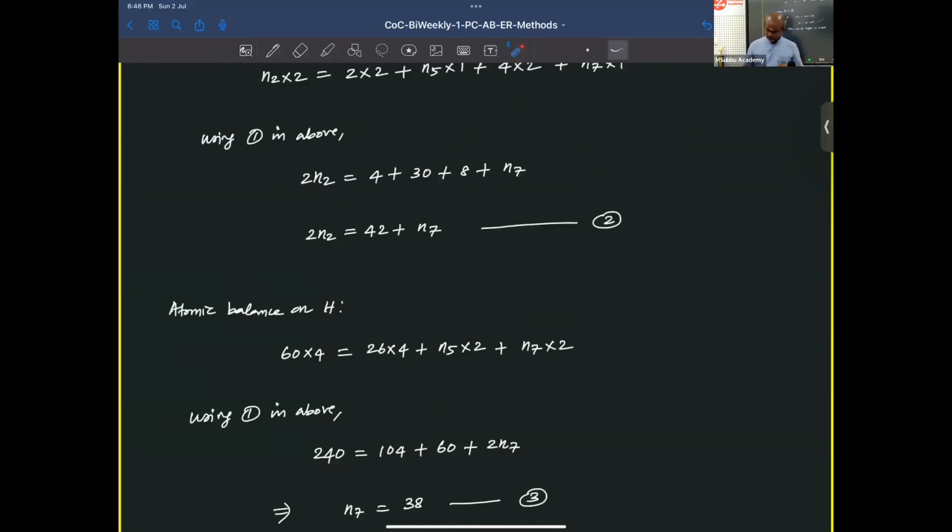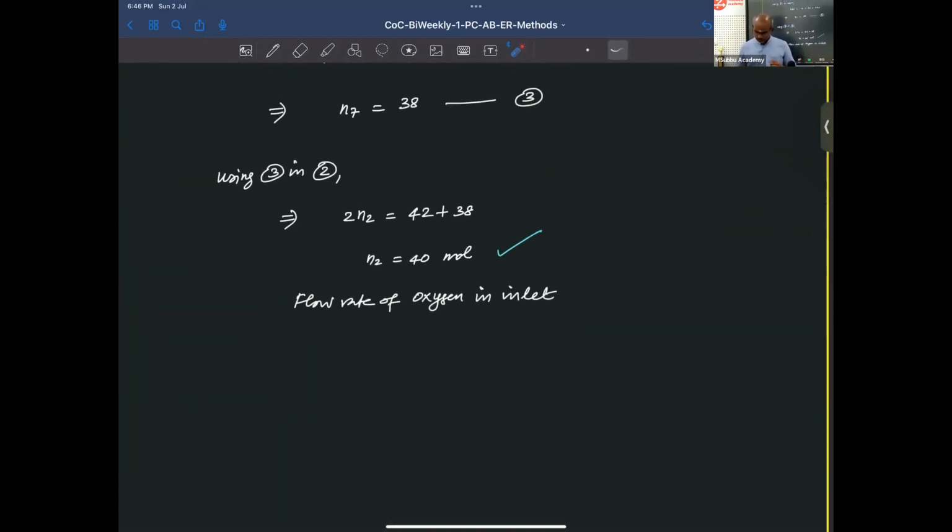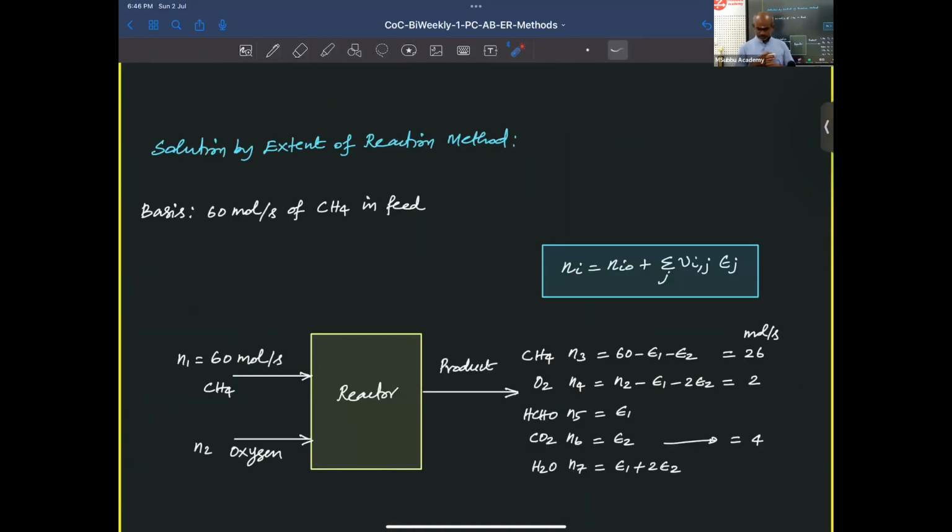Okay, we'll also try to attempt this problem using the extent of reaction method. For that, the formula is: Ni refers to the moles of component i for any extent of reaction. The extent means progress of reaction. Ni equals the initial moles Ni naught plus the summation over j of nu ij times extent Ej.